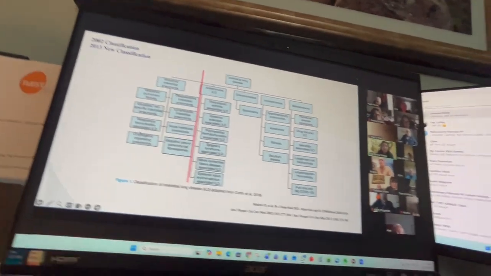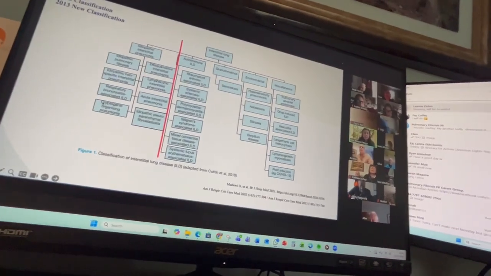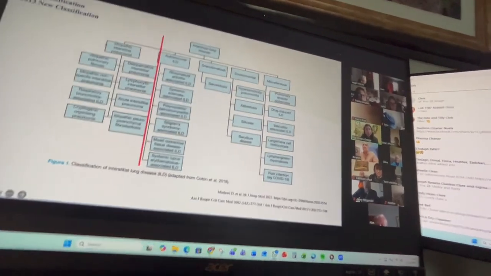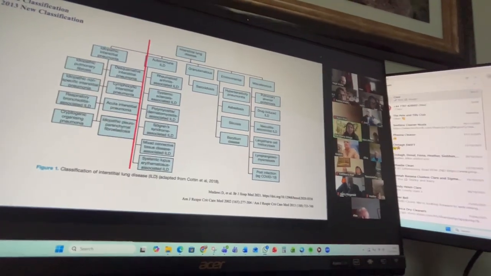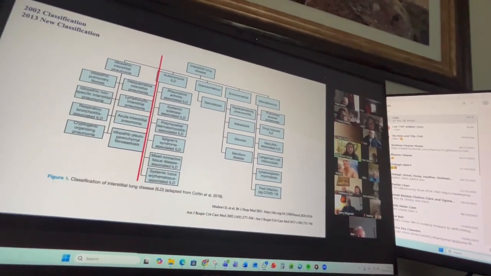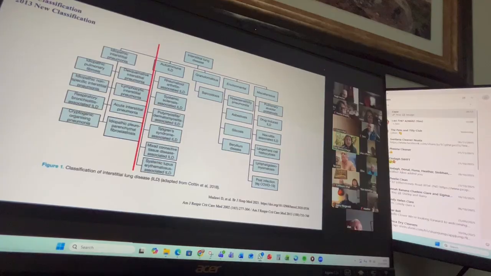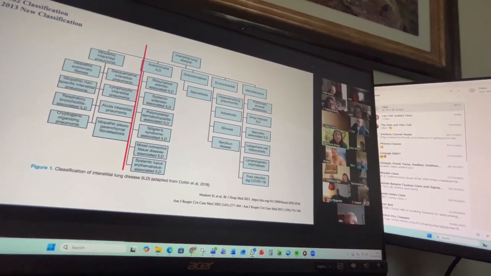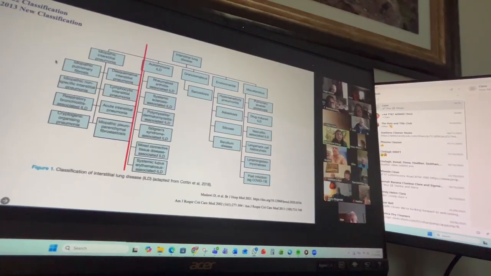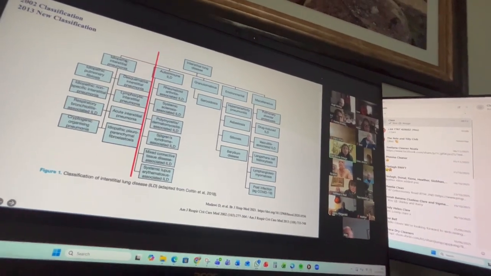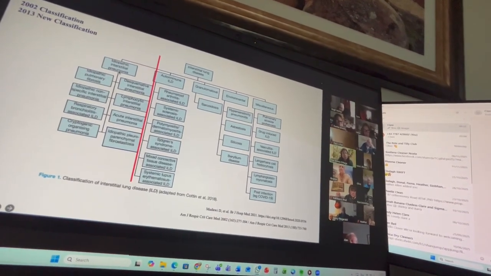When you read any report that says cryptogenic or idiopathic, those are medical terms meaning that whatever you are having, we are not able to identify the cause at the moment. We have several types of idiopathic interstitial pneumonias.